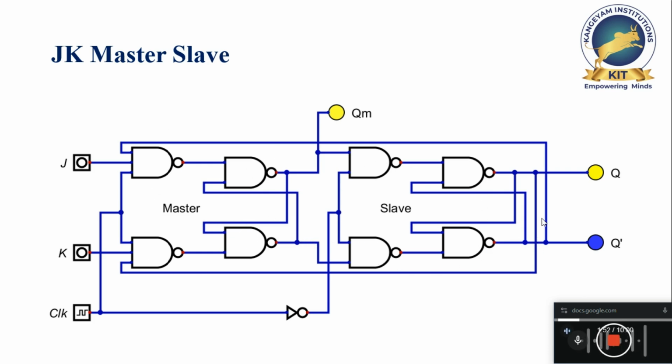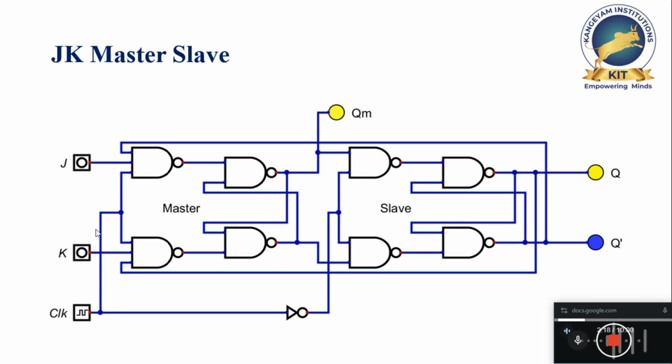From the second flip flop, we have taken the output and given it as an input to J and K, which is the JK configuration. So feedback has been taken from the slave output and given as an input. One more connection we have here is the clock pulse.